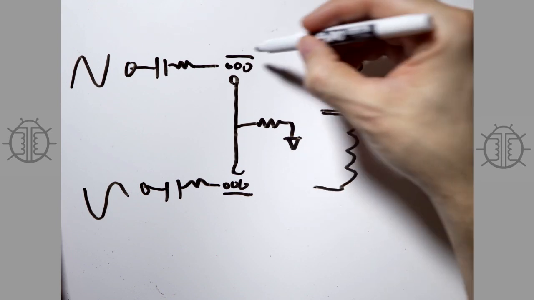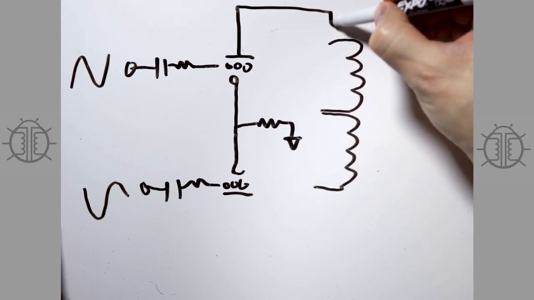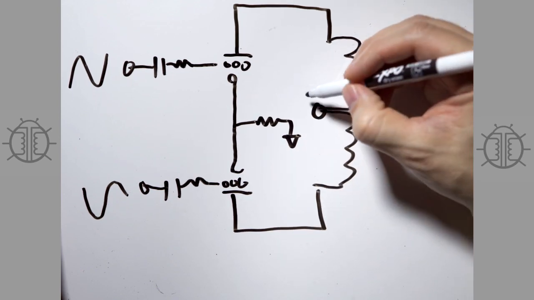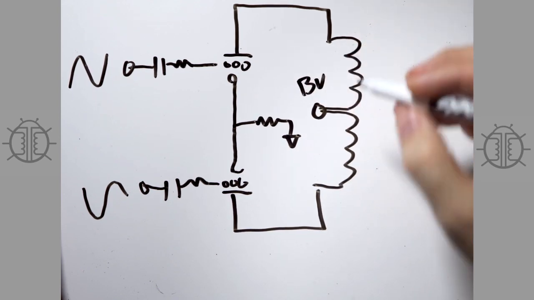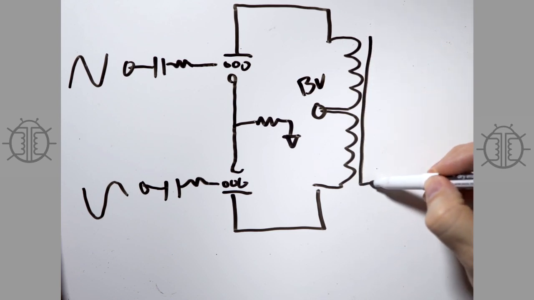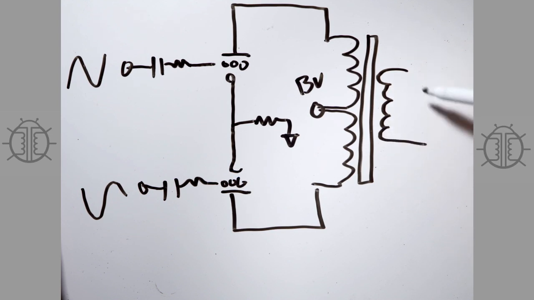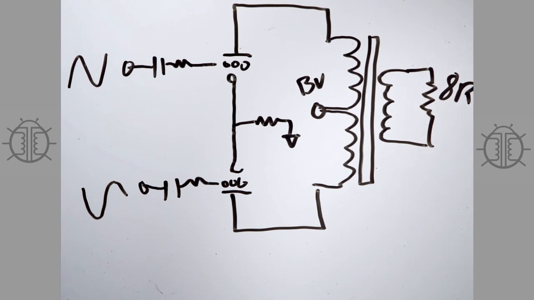and your output transformer looks like this. Like this. And your plates connect here, like this. And your B plus comes in here, your high voltage, right? And then you've got your core, and on the output side, you have your speaker, which we'll just represent with a load. We'll say it's 8 ohms, something like that.